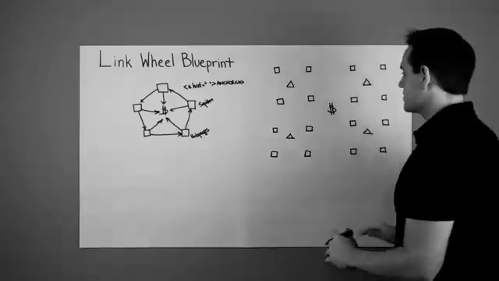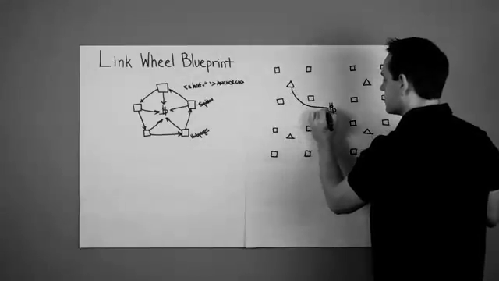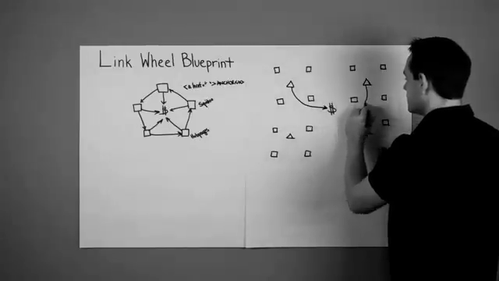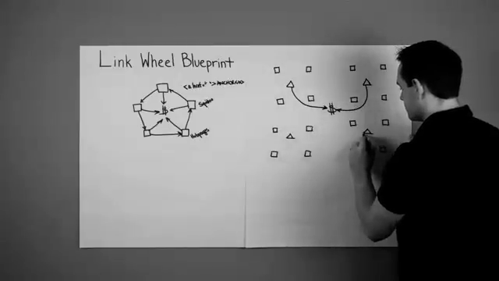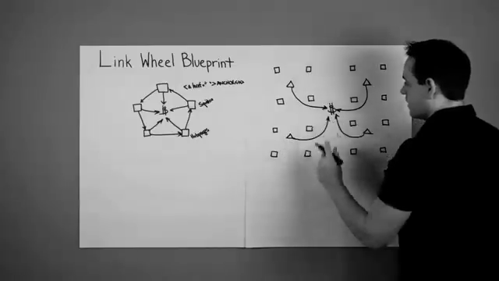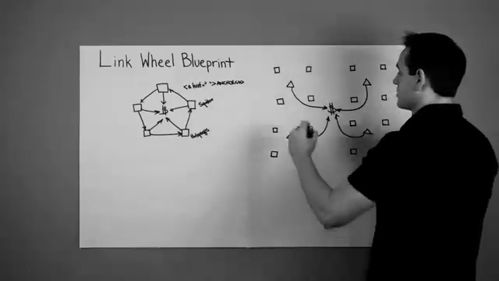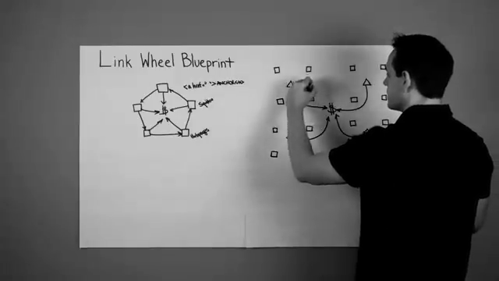The way that we link this together is we take our tier 1 properties, and we link them down to our money site. That's step 1. We then take the tier 2 web properties, and we link them together.